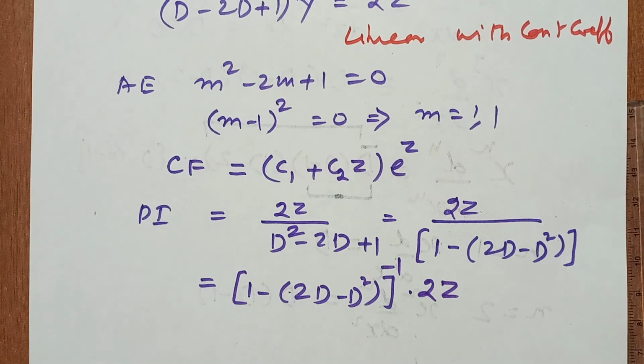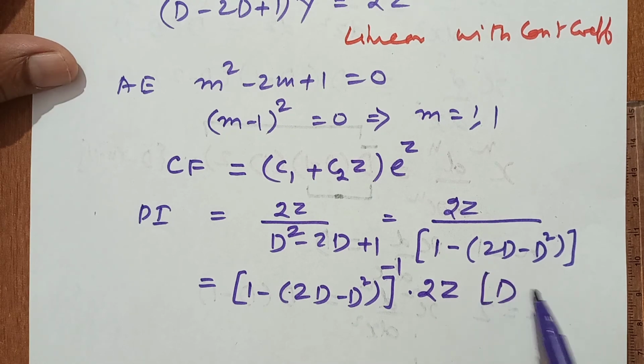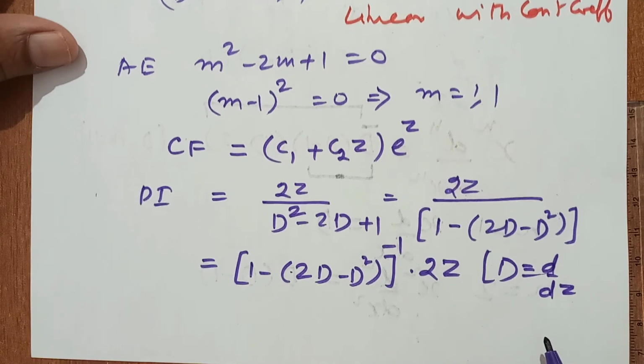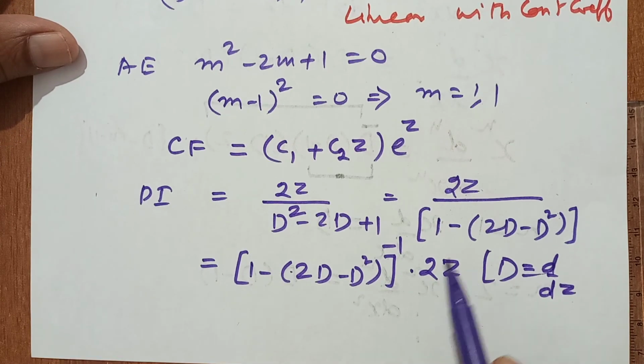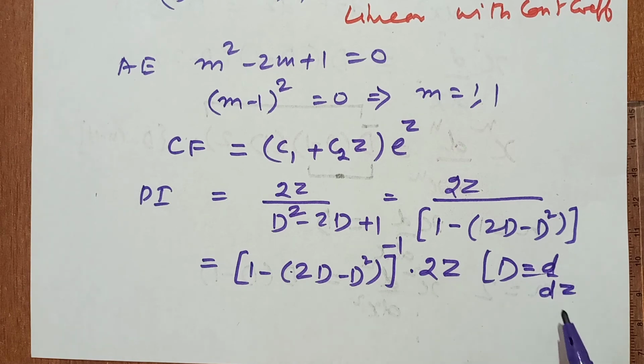Since the power of z is 1, D is valid for one degree. Capital D means d over dz, differentiation with respect to z. Since the power of z is equal to 1, differentiation with respect to z is possible once, because d2 by dz2 of z is equal to 0.